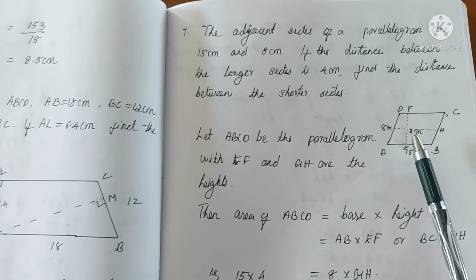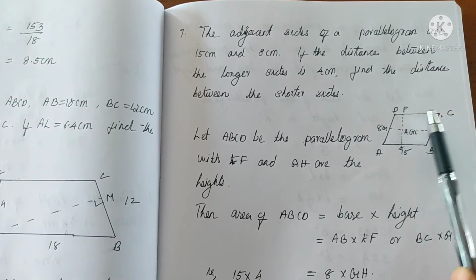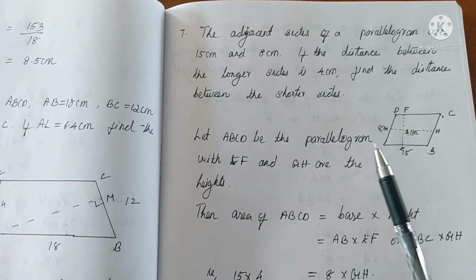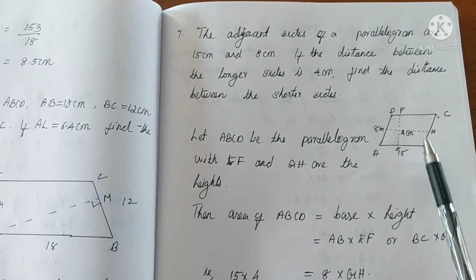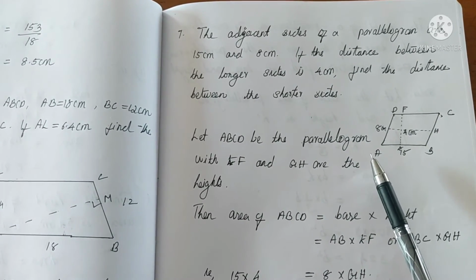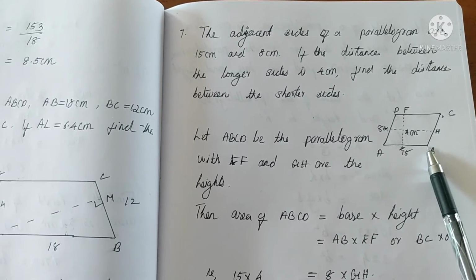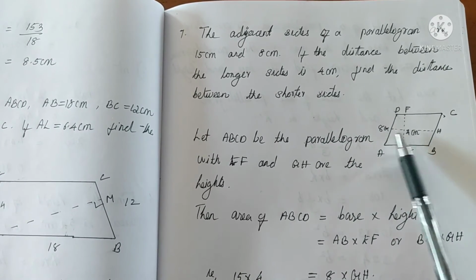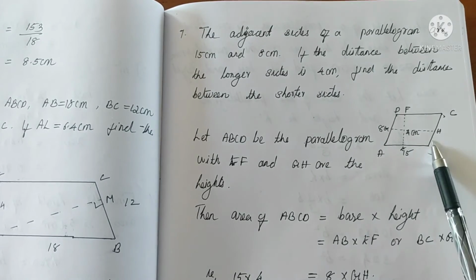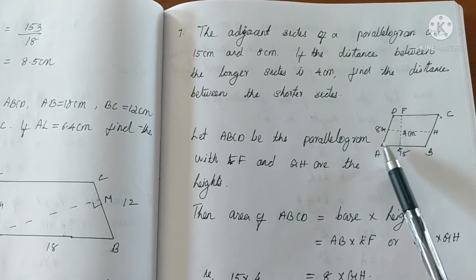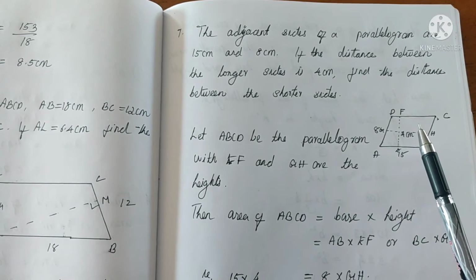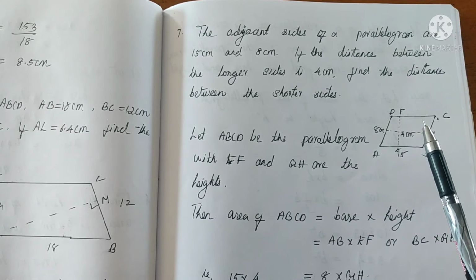See, as in the previous question, here also area of parallelogram ABCD we can find in two methods by using the formula base into height. AB into EF will give area of ABCD. Similarly, this BC into GH will also give area of the parallelogram ABCD. BC or AD you can take. AD and BC both are equal. So, by using these two methods you can find area of the parallelogram.